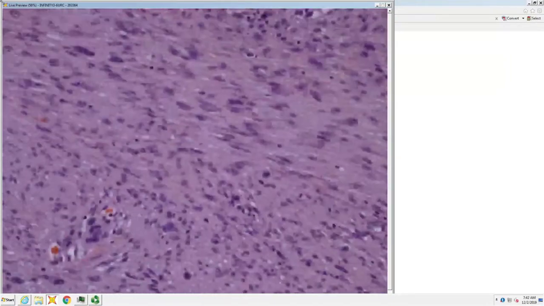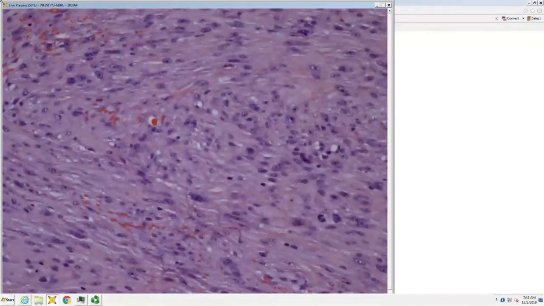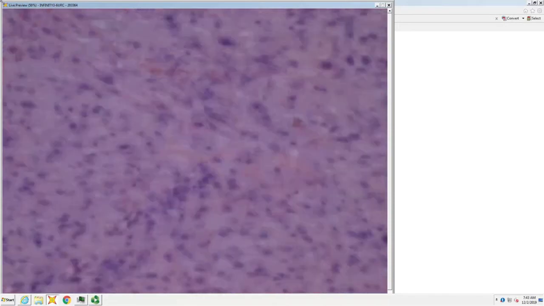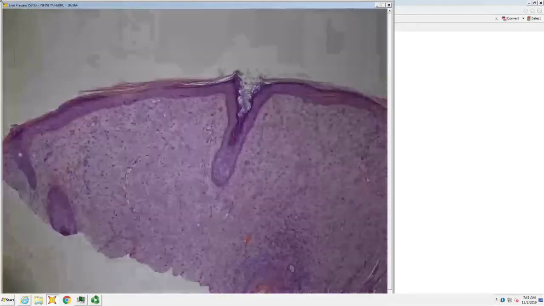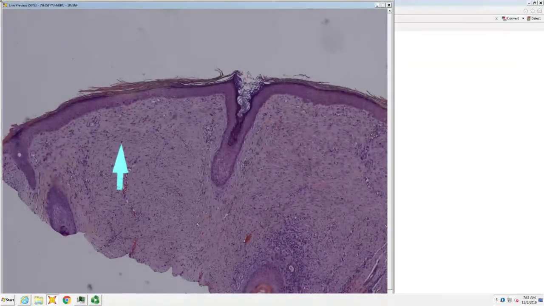Slam. Spindle cell squamous carcinoma, leiomyosarcoma, AFX, and melanoma. So your mnemonic for an atypical spindle cell tumor slammed up against the epidermis is SLAM: S for squame, L for leiomyosarcoma, A for atypical fibroxanthoma, M for melanoma.